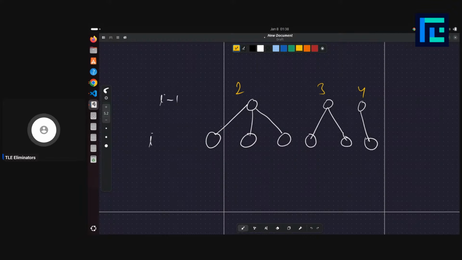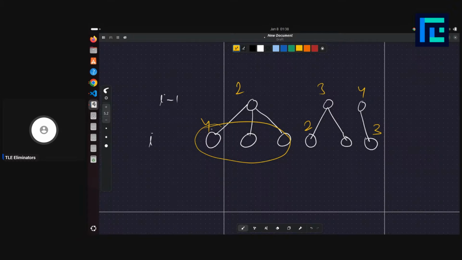If I want that these three should not have color 2, then I can just give color 2 to this one. Then if I want that these two should not have color 3, I'll just give this one the color 3. And if I want that this one should not have color 4, I'll simply give this one the color 4.